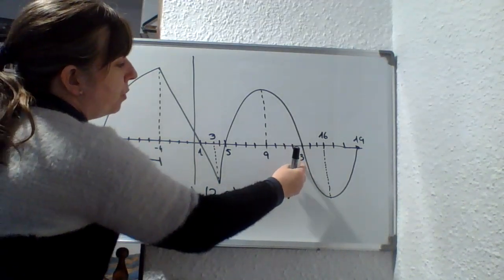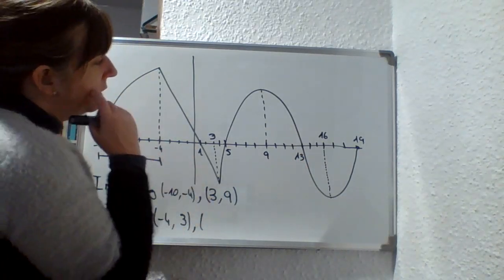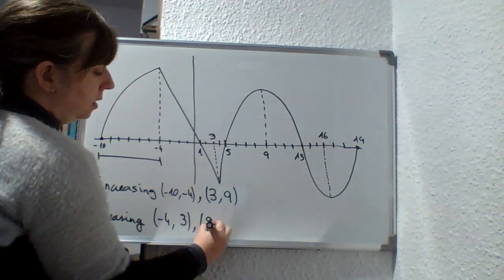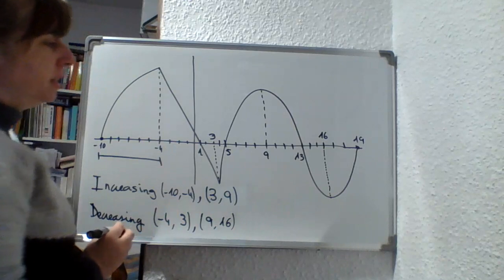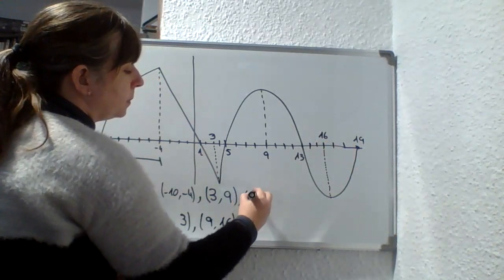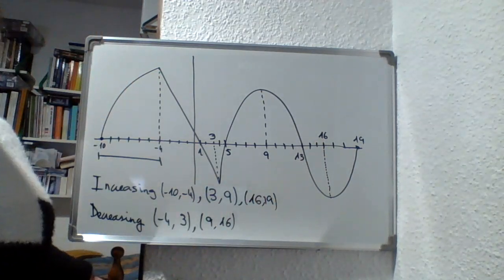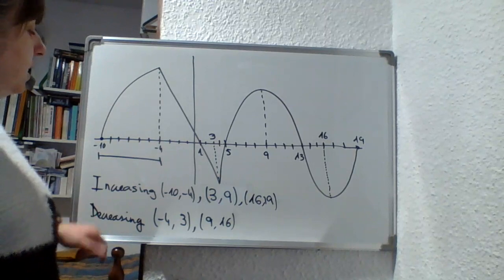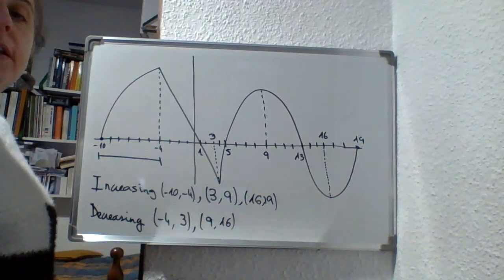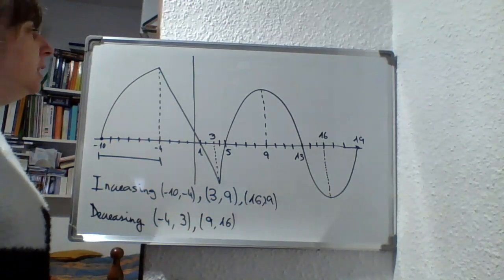From 9 to 16 it is going to be decreasing again, and at the end, from 16 to 19, it's going to be increasing again. So I have 3 intervals where the function is increasing and 2 intervals where the function is decreasing.